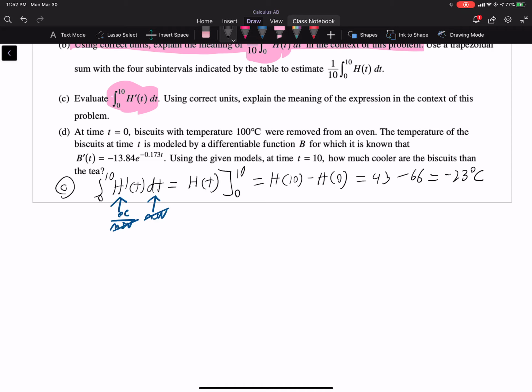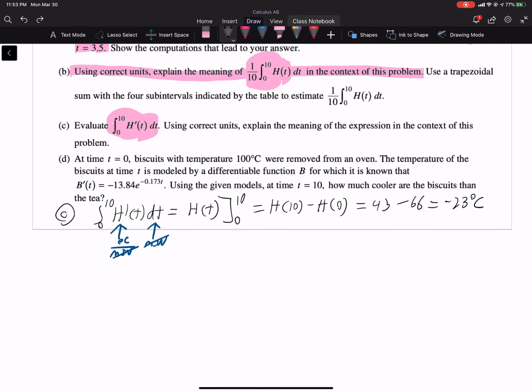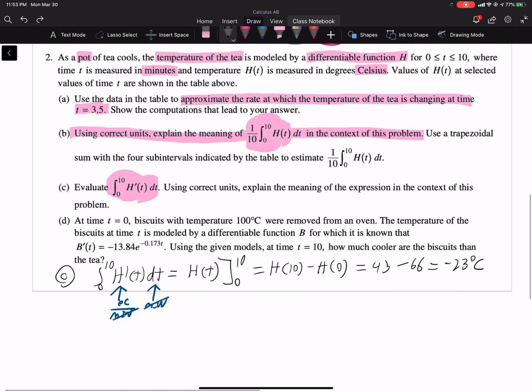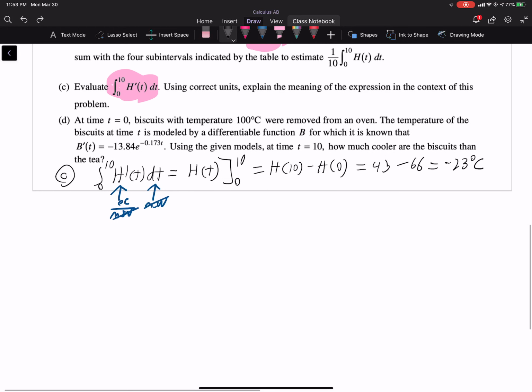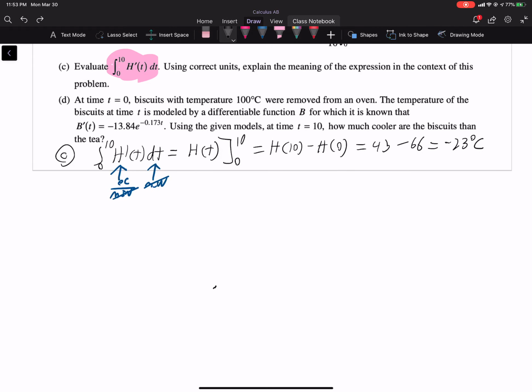What does this mean in the context of the problem? We've talked about this quite a few times, but when you integrate a derivative, it gives you the change in what it's the derivative of. So the integral of h prime gives you the change in h. What is h? The temperature of the tea in the pot. So this is going to give us the change in temperature of the tea in the pot.